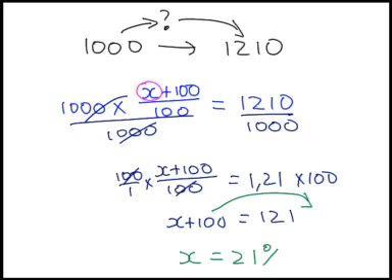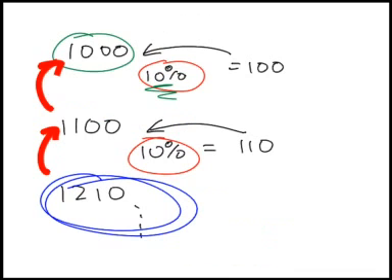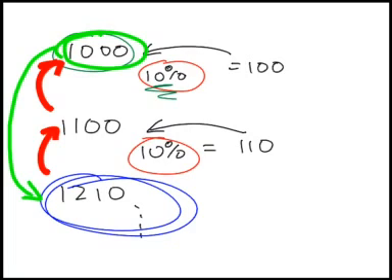Yeah. Okay. Now what happens is we say x is 21%. So effectively, to go from the initial amount, 1,000, straight to the 1,210 requires 21%. But we only work with 10% per year.